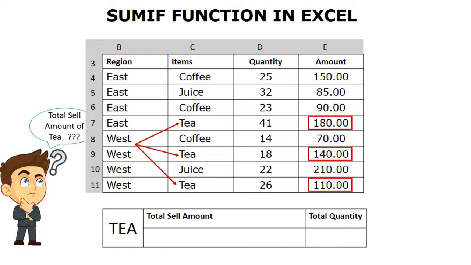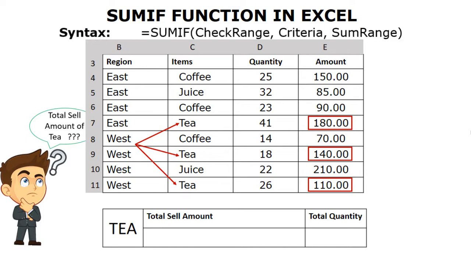The general syntax of the SUMIF function is equal to SUMIF, check range, comma, criteria, comma, sum range, and close the parentheses. It is most important criteria.